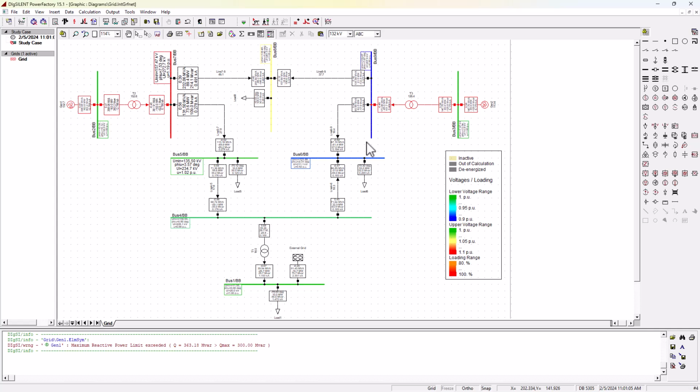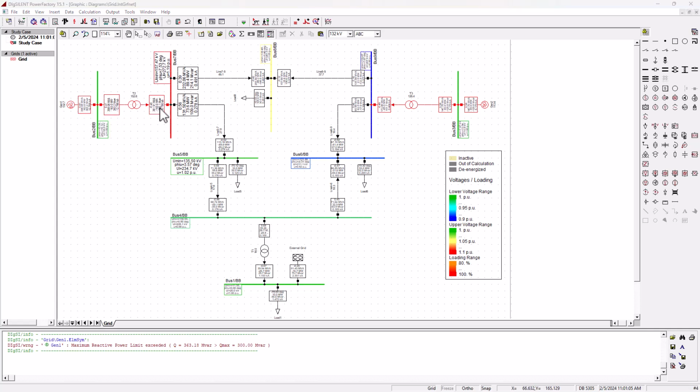Now, this is too extreme, the bad and the bad. So we need to find a middle point here so that these two generators can understand what's going on in this network, support each other and operate in normal nominal conditions without overloading. You can see this one is also overloading, and the reason is very simple: it's generating more reactive power. The overloading is not happening because of the active power, it's mostly because of the reactive power it is generating.